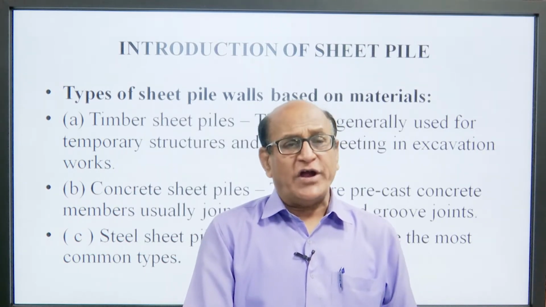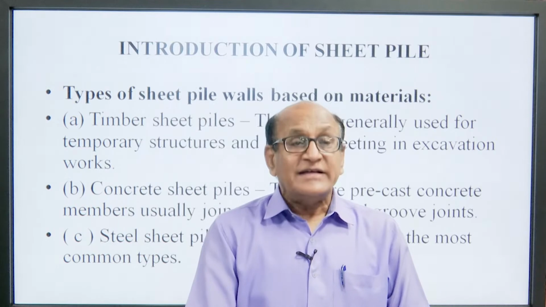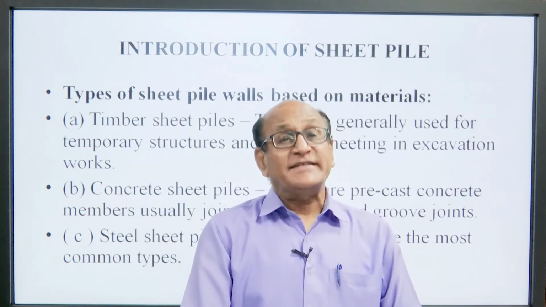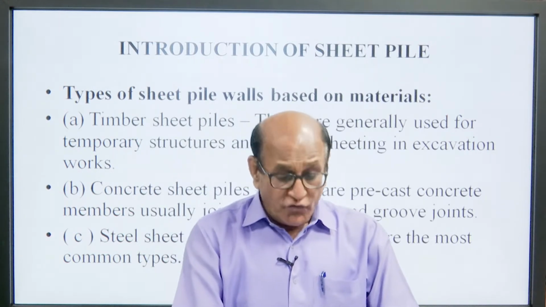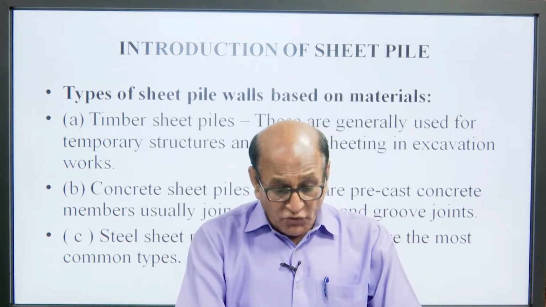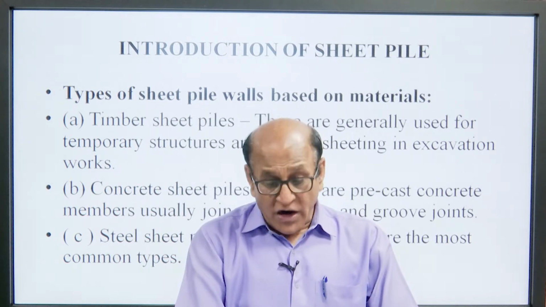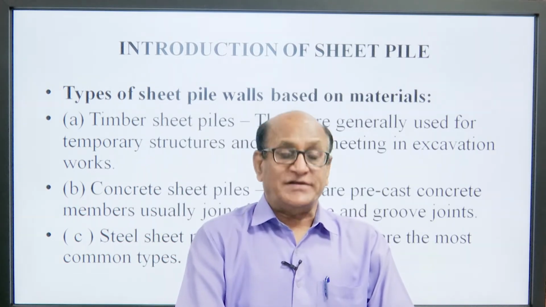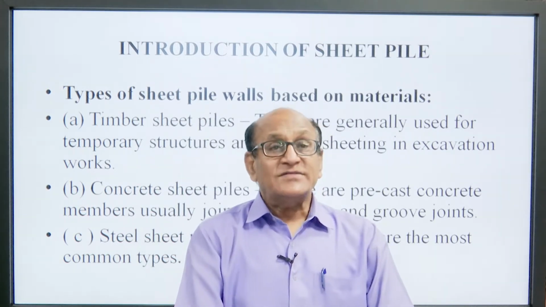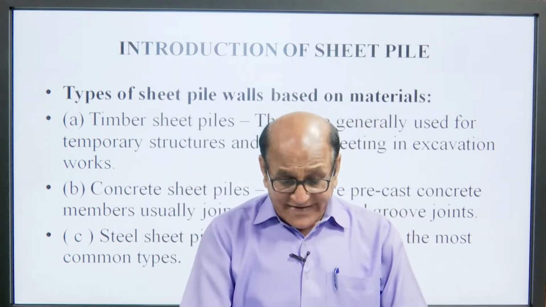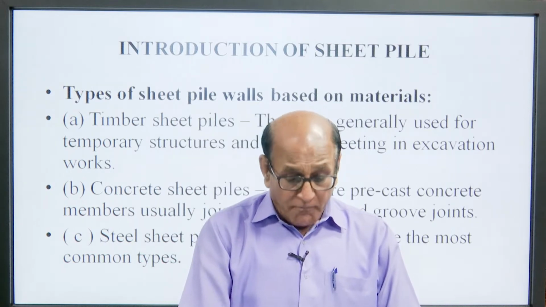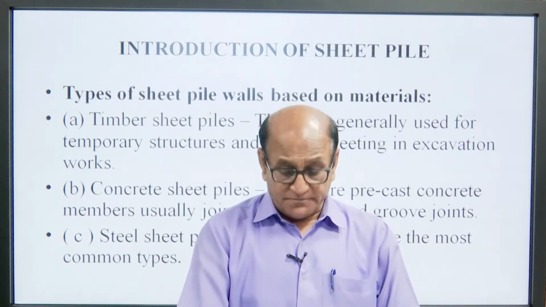Second is concrete sheet piles. These are precast concrete members, usually joined by tongue and groove joint. And third is steel sheet pile. Steel sheet piles are most commonly used.